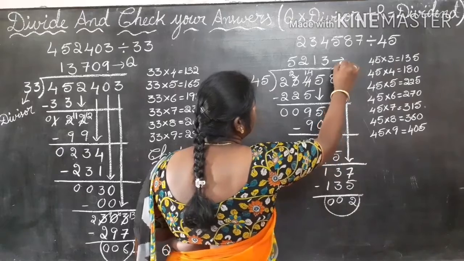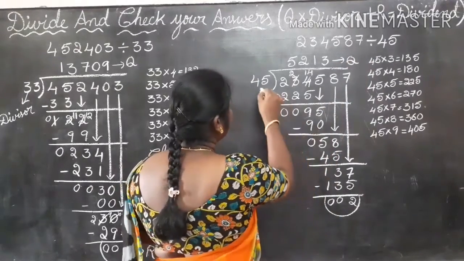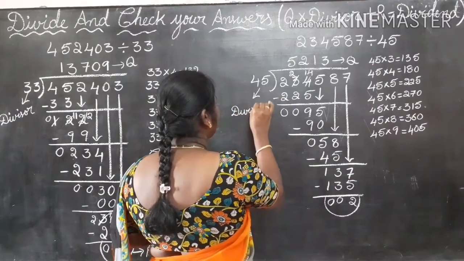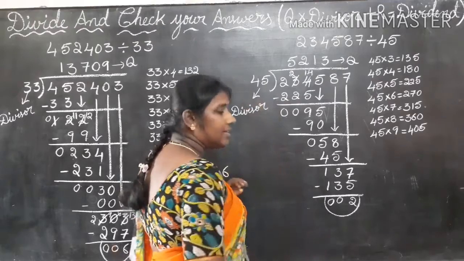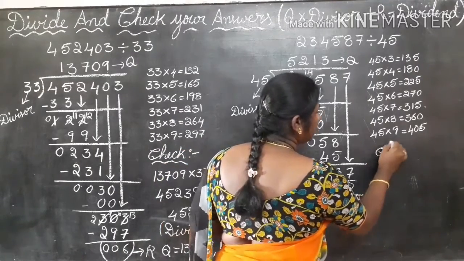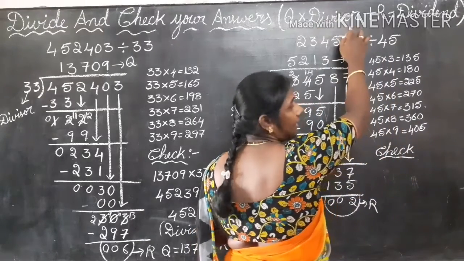So in this, it is quotient, it is divisor, it is remainder. Here what is the check for this? Quotient into divisor.